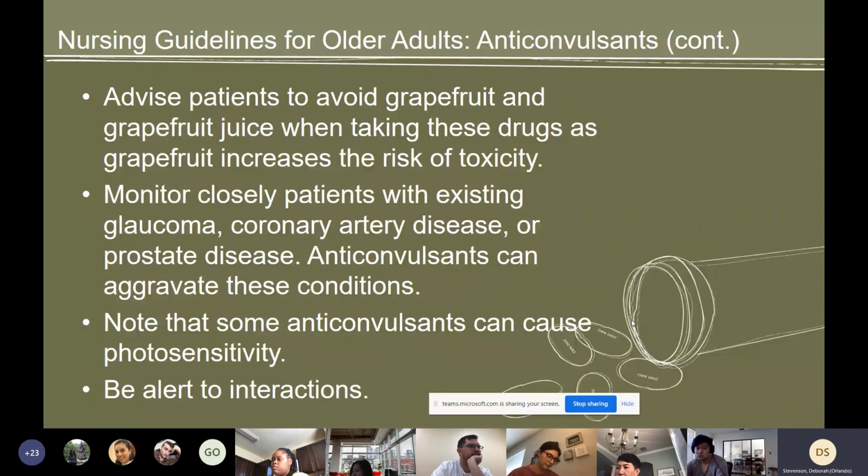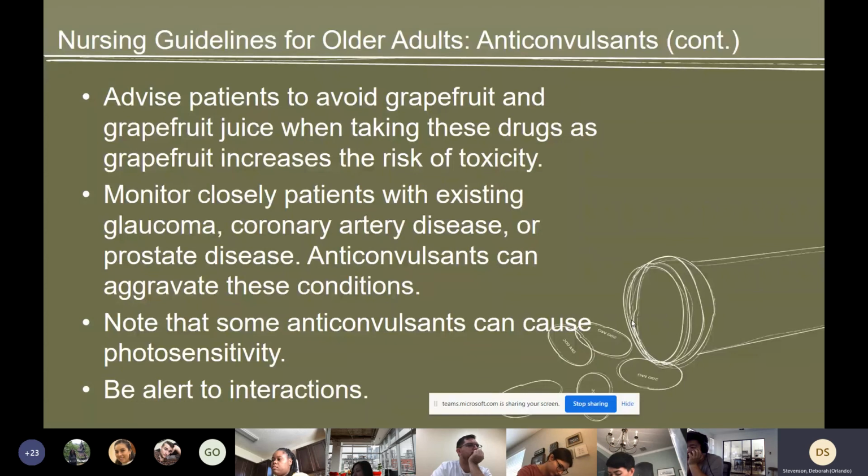Actually, what happens is that the liver cannot metabolize the particular medicine. In this case, it's anticonvulsants. And so there becomes a toxic level. And so it gets worse and worse and worse. So it's better not to really take any medications with grapefruit juice. And that's the reason you're not seeing it in the hospital. Okay.